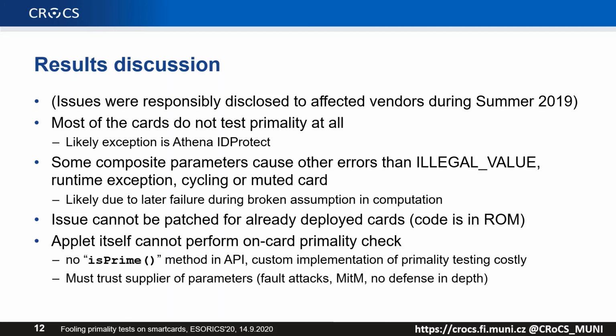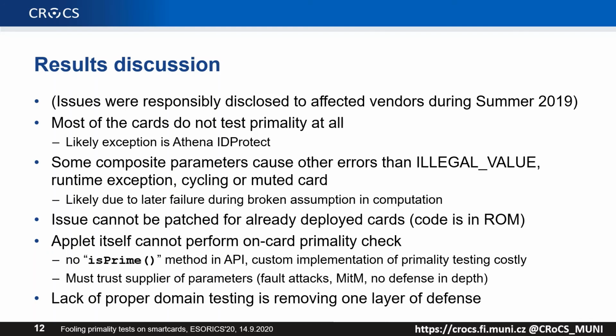But unfortunately, you can't really do so, because there is no isPrime method in the API, and implementing the whole Miller-Rabin on the level of the Java Card virtual machine would be too slow. So in the end, you can't really check, and you must trust the supplier of the parameters. And this is basically removing one possible layer of defense.